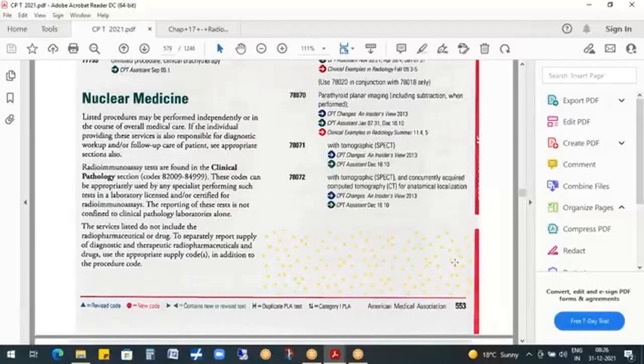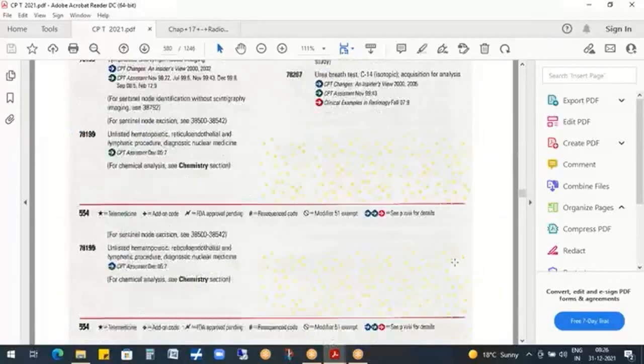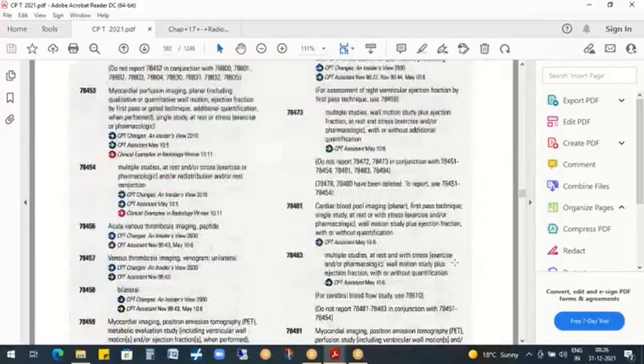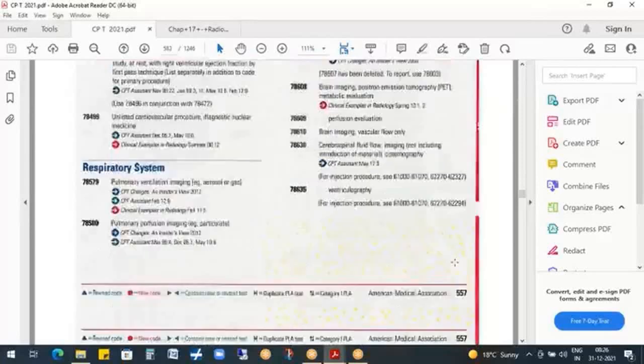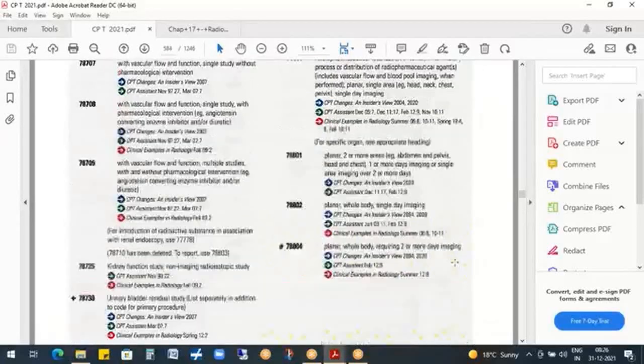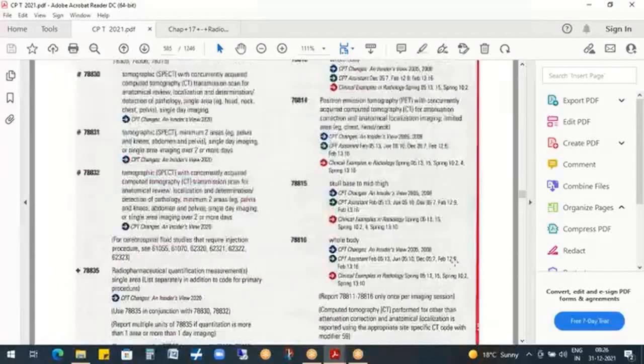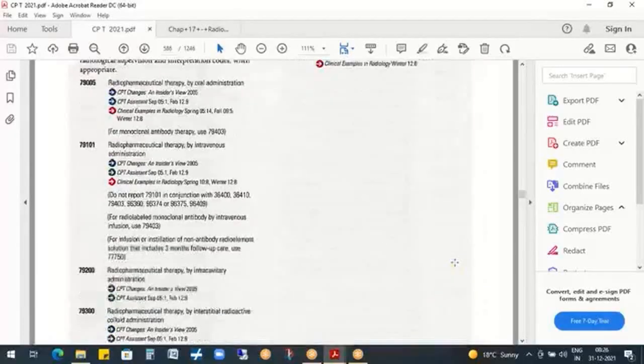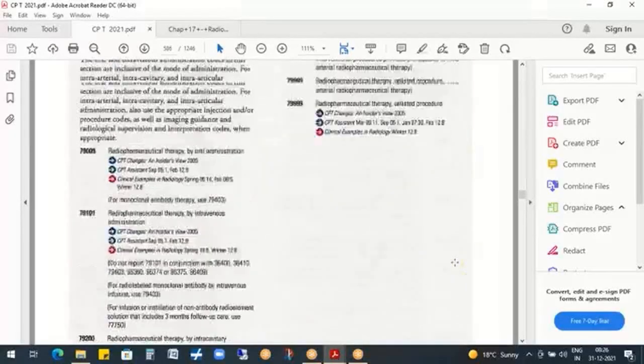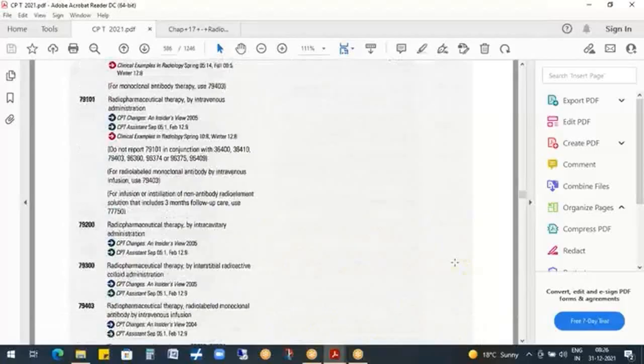Page number 553. From there, the nuclear medicine chapter starts. Directly go for the rule. Page number 560.